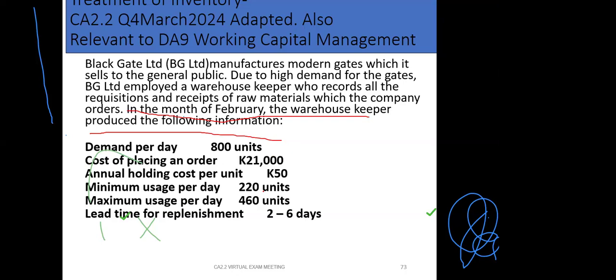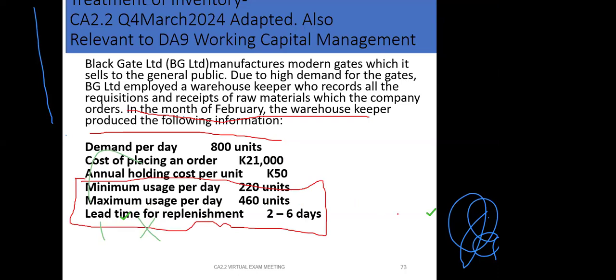Minimum usage, that should be for the other inventory level formula. Maximum usage per day, 460. I think that will be for part A. Minimum usage, maximum usage, lead time for replacement.